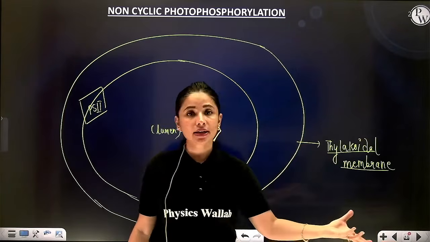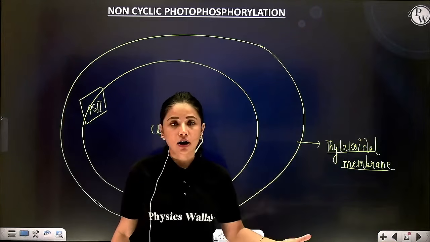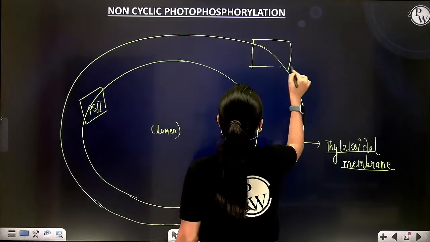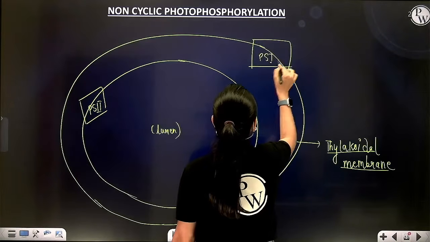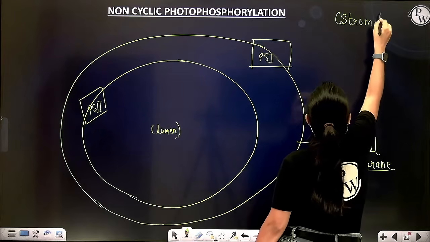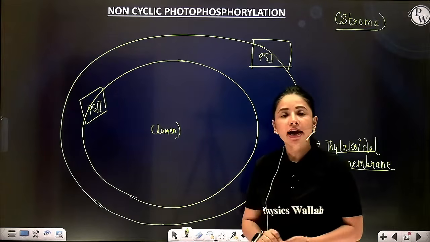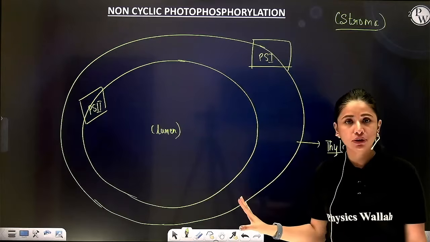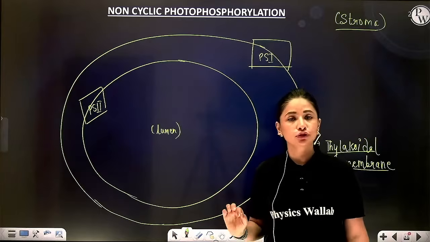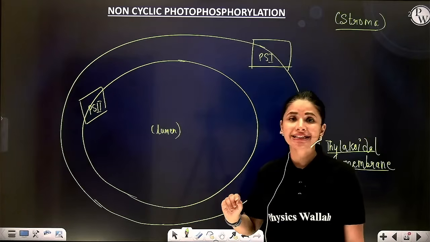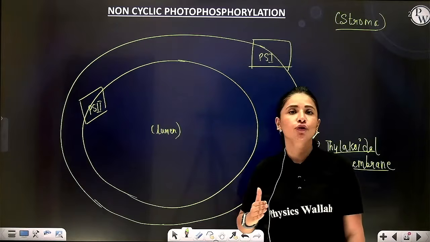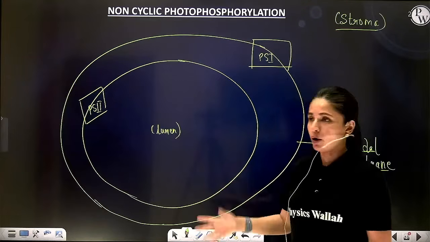You know the space outside the thylakoid is stroma, which is the ground substance of the chloroplast. So photosystem 1 is present on the membrane but facing the stroma. Correct? Now, this is how the arrangement of both the photosystems is there on the thylakoidal membrane to operate non-cyclic photophosphorylation, one of the major ways of light reaction, which is the first half of photosynthesis. Right?